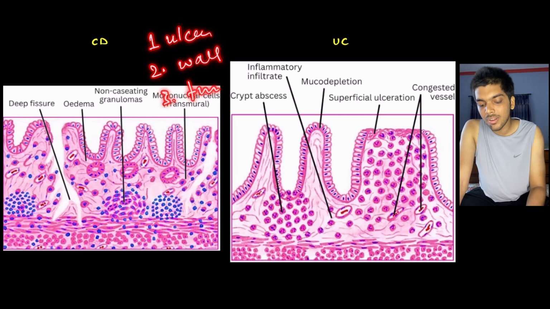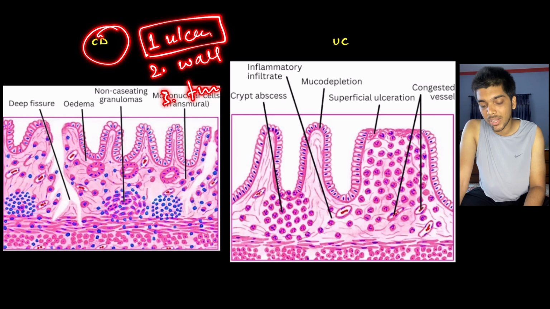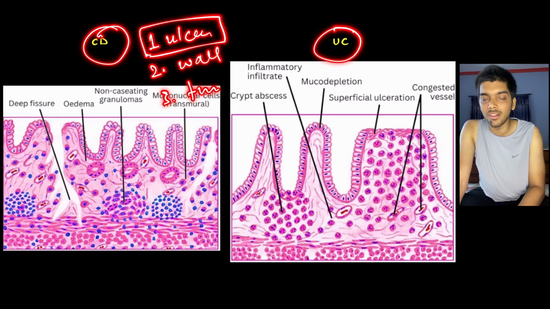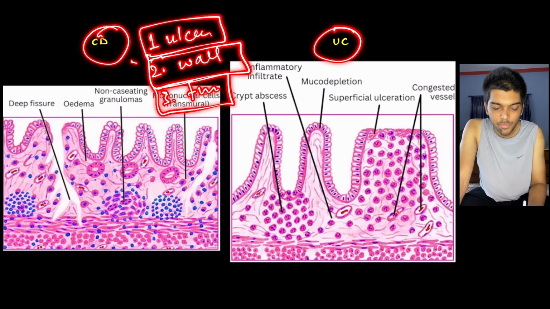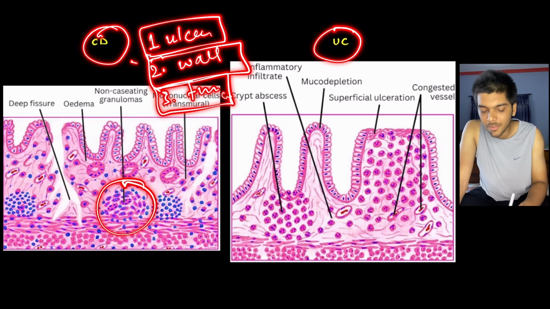In Crohn's disease, the ulcer is deep, referred to as fissures. In ulcerative colitis, the ulcer is superficial. In Crohn's disease, there is transmural involvement, so inflammation throughout. In ulcerative colitis, there is no transmural involvement. Number 3, typical feature. In Crohn's disease, there is presence of non-caseating granuloma, and in ulcerative colitis, there is presence of crypt abscess.